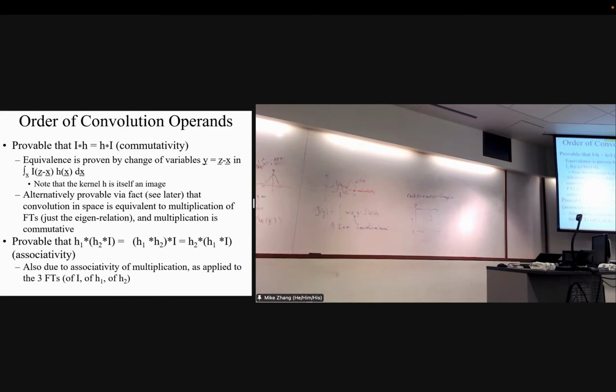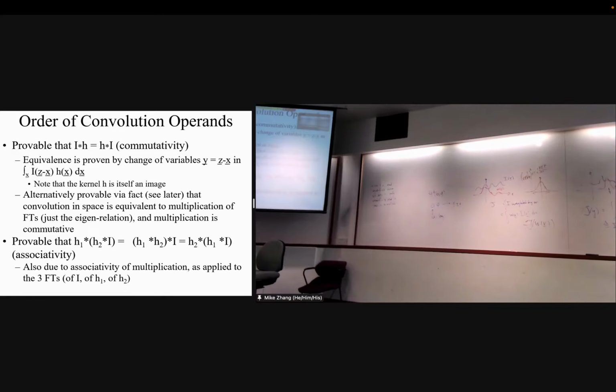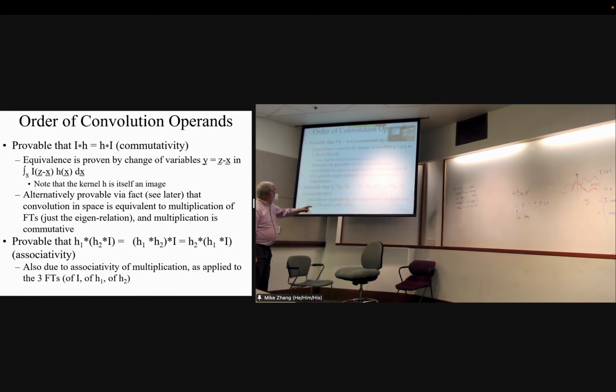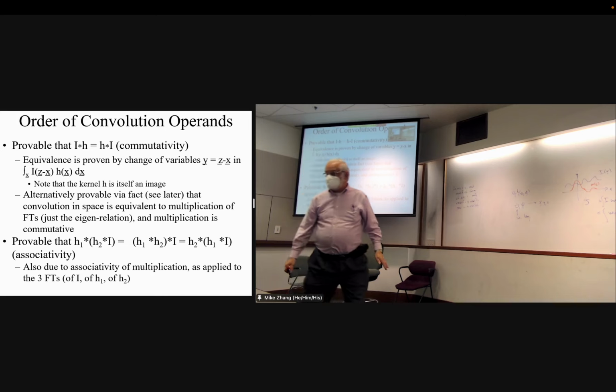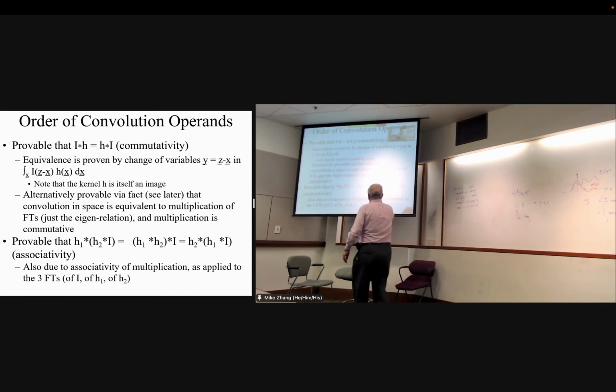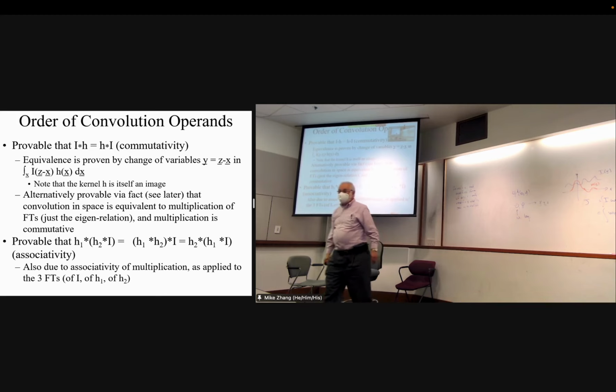So if that's the case, then if, for example, H2 is Gaussian smoothing and H1 accomplishes derivative taking, this says if you take the derivative of the Gaussian and then convolve it with I, you'll get the same result.